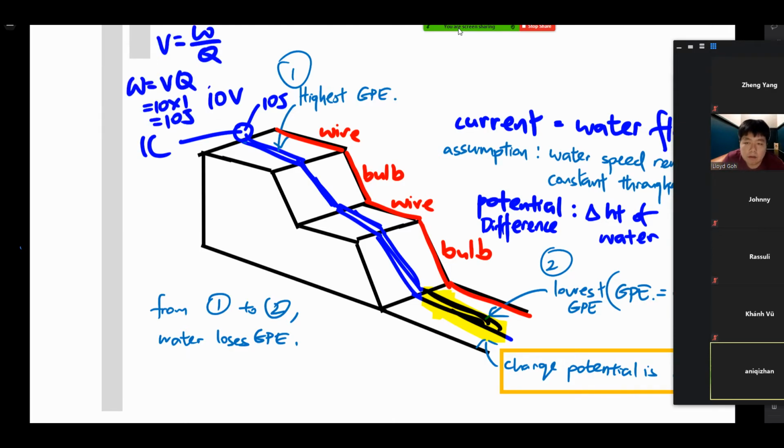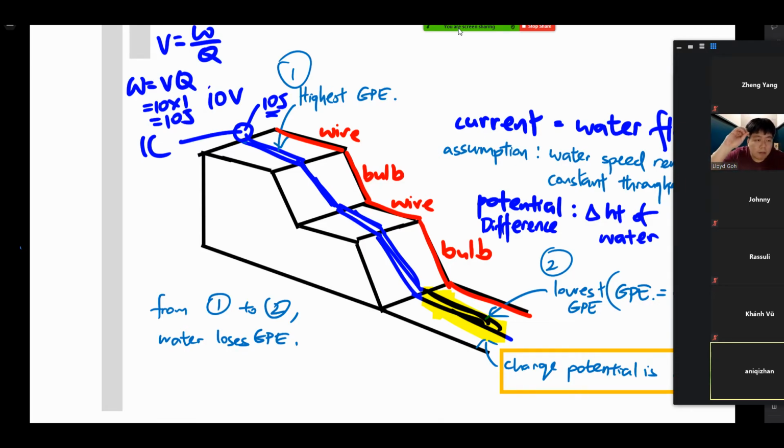When I say this charge has 10 volts, assuming this is 1 coulomb of charge, this coulomb of charge has 10 joules of energy, and as it goes through the wire, it's not going to lose any energy. You only lose energy as it passes through a bulb. Your bulb lights up because the coulomb of charge is transferring its energy to light energy.